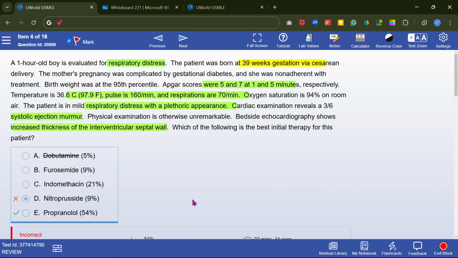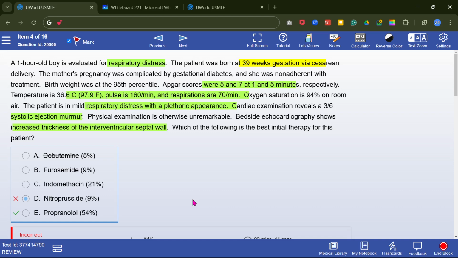Okay, this is a 1-hour-old baby with respiratory distress, 39 weeks of gestation, Apgar score is 5 and 7 at 1 and 5 minutes. Pulse is very high and respiration is higher.